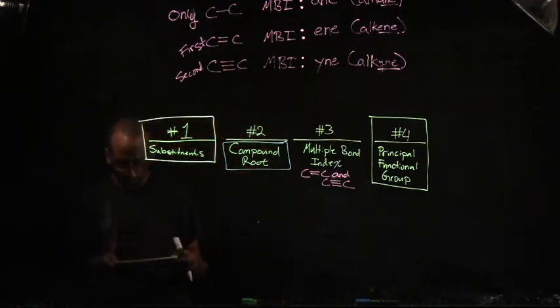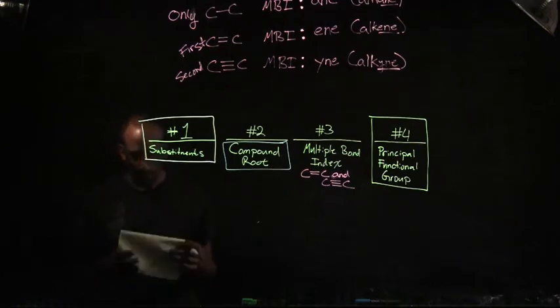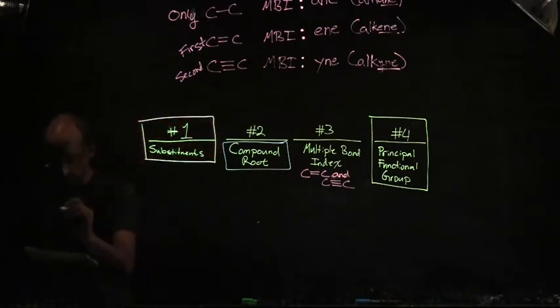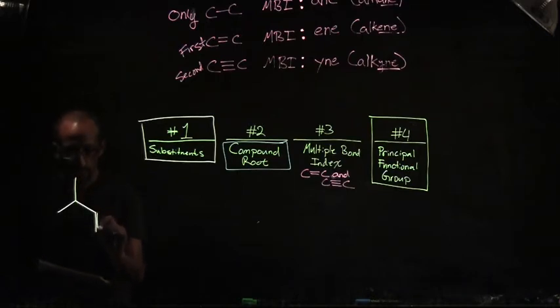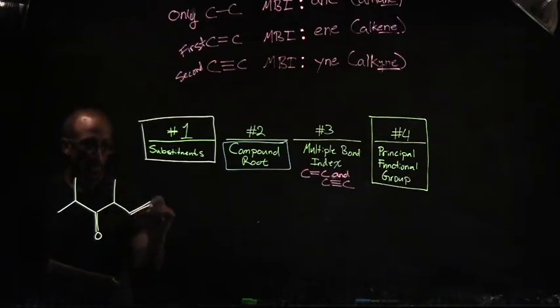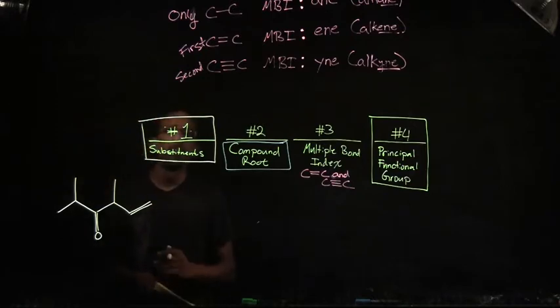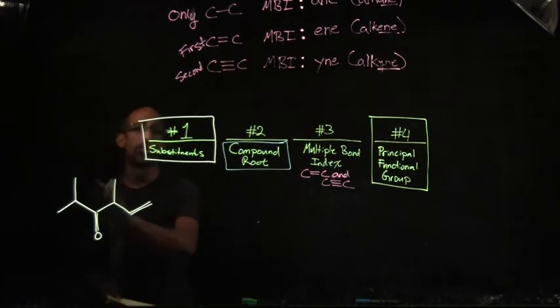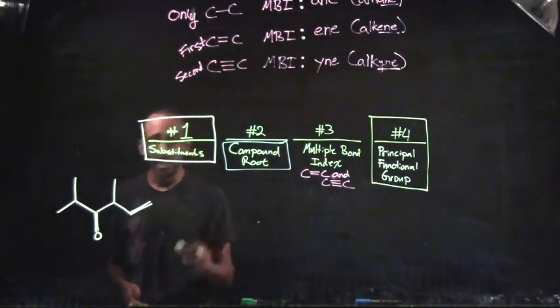So let's take a look at a quick example, and this is going to wrap it up for this video lecture. If we take a look at this compound here, which is about the level of complexity that I'll expect you to be able to convert from a structure to a name on our exams.